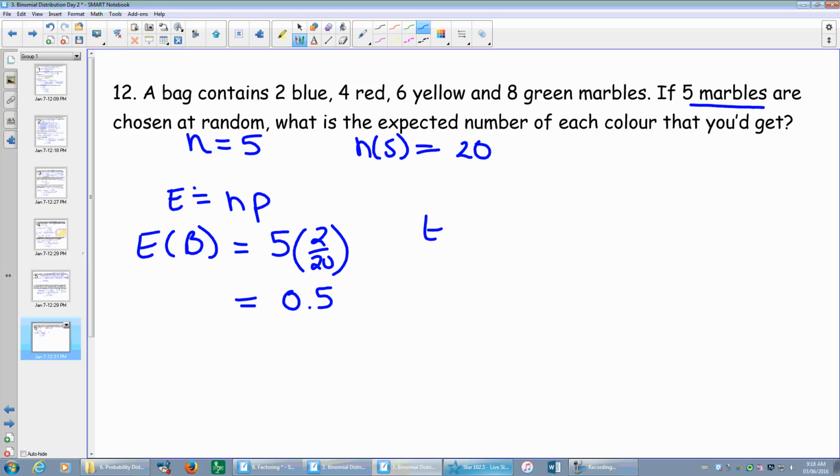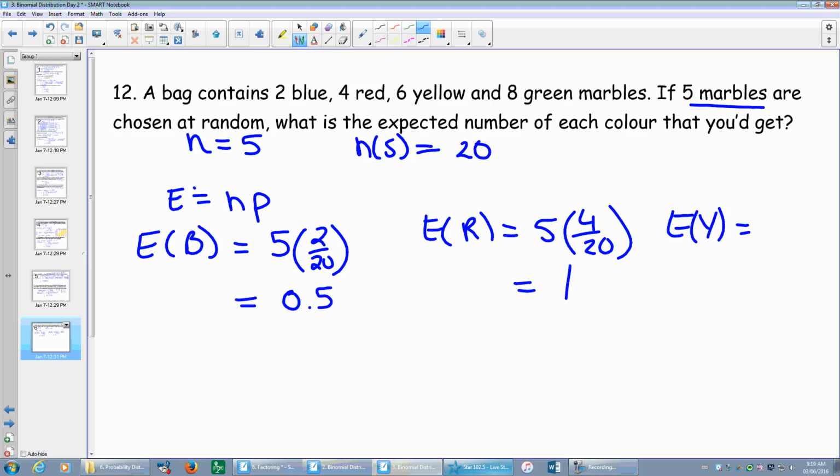Then I can find here the expected value of red becomes 5 times what? Noah, can you help me out? Good. Which gives me an expected value of 1. I would be expected to choose 1 red. My expected value of yellow would be, what would I write out for that, Powell?